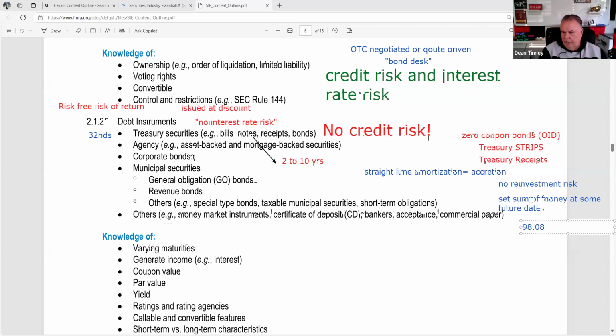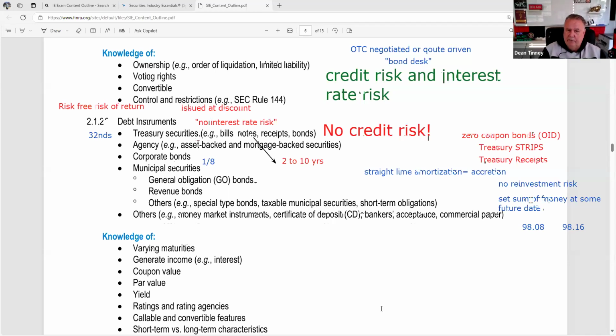I say my bid for your treasury bond is 98.08, 98.16. Those are 32nds. So 98 and 8/32nds, 98 and 16/32nds, which would be a half. For corporates and munis, my minimum spread is an eighth. So corporates and munis trade in eighths, and governments are goofy. They trade in 32nds.